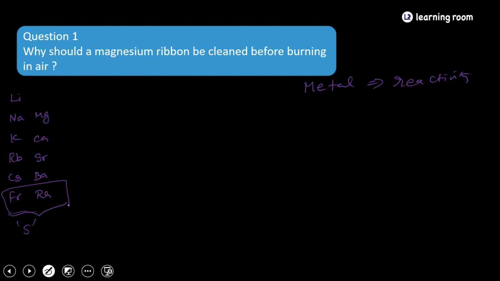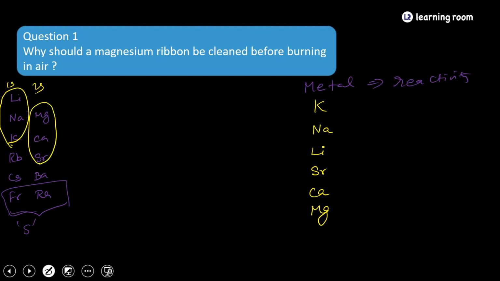From that, the first reactive metals are potassium, sodium, lithium, strontium, calcium, magnesium. This is 1s, this is 2s. Potassium, sodium, lithium are the first three, and then strontium, calcium, magnesium, they have taken.